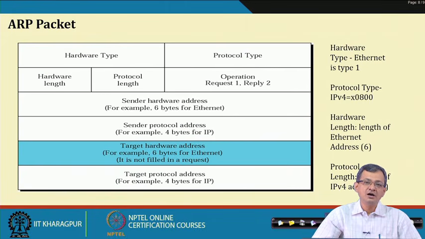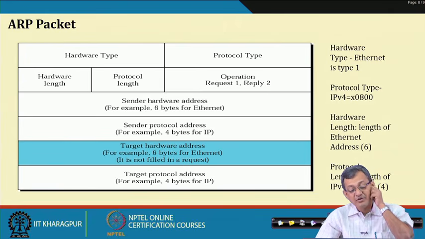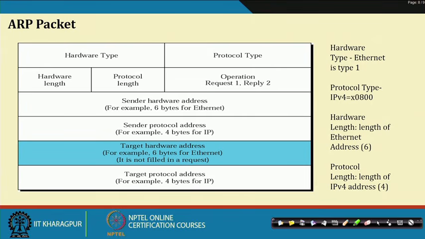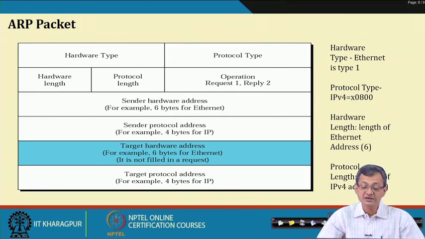This is the ARP packet structure, or packet format. One is hardware type, protocol type, hardware length, protocol length, and operation type, that is one for request and two for reply. Then we require the sender hardware address and sender protocol address, that is, from A to B, A's hardware address and protocol address, and then the target hardware address and the protocol address.